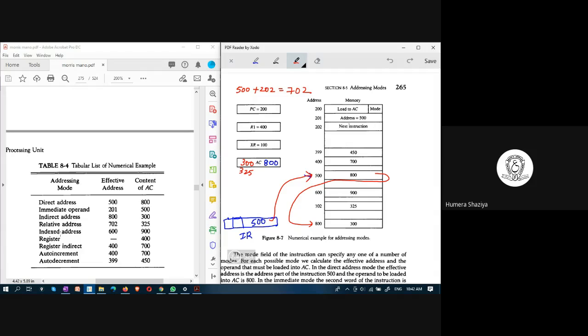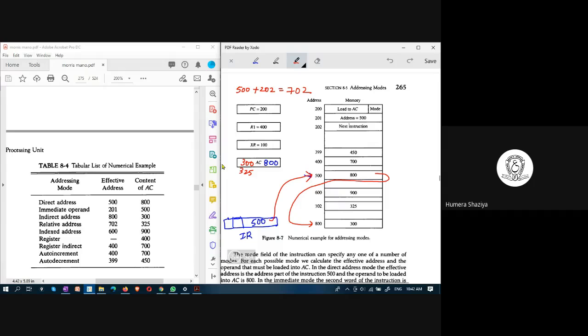Next, we will look at indexed address. What is indexed address? Can anyone tell me? The content of the index register is added to the address of the instruction. Very good. The contents of the index register is added to the address part of the instruction.